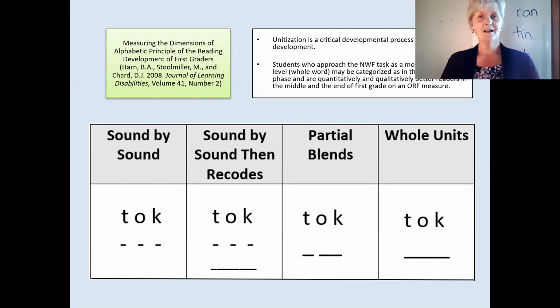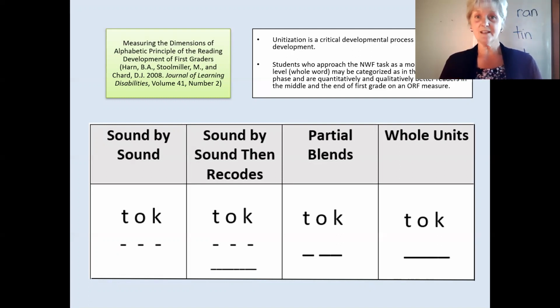And I didn't know how to help students move into this box. This is called the unitizing box. And that means that they see the smaller units within that word, or a bigger unit. So a student would say the word in parts, but they begin to put those sounds together.